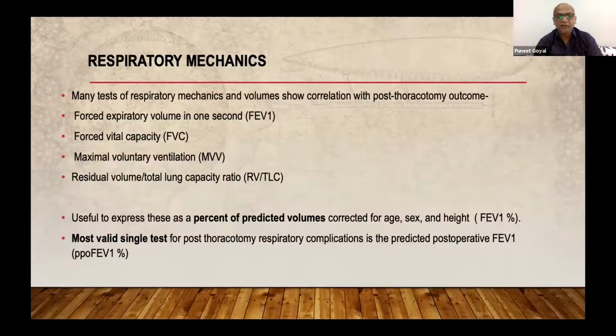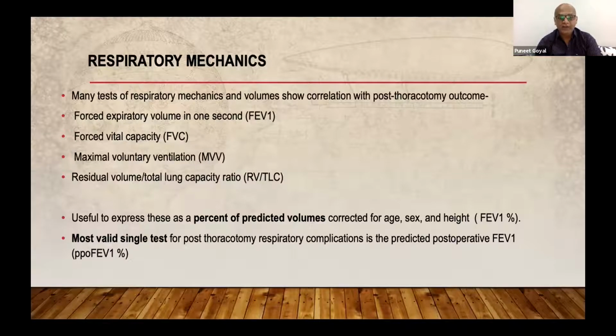These values are usually expressed whenever you perform a PFT, and they are presented with respect to the patient's age, gender, height, and weight. And the most valid single test for post-thoracotomy respiratory complications is predicted postoperative FEV1, commonly known as PPO FEV1.